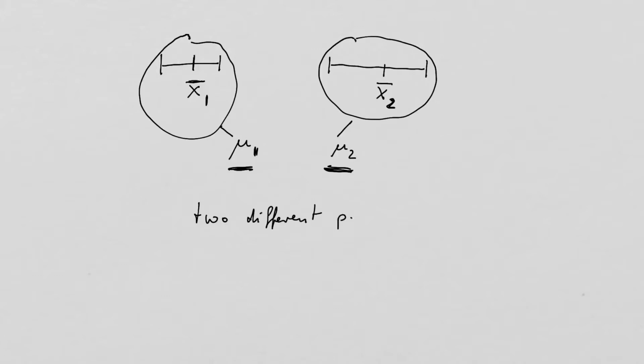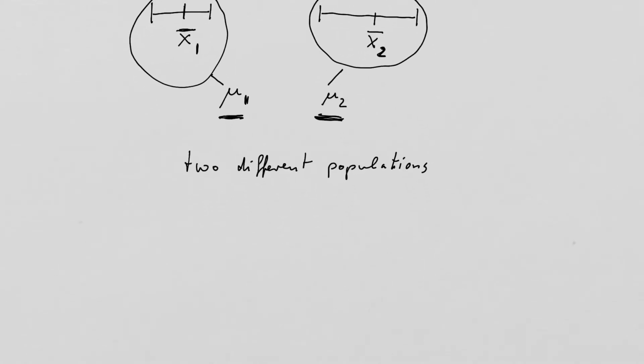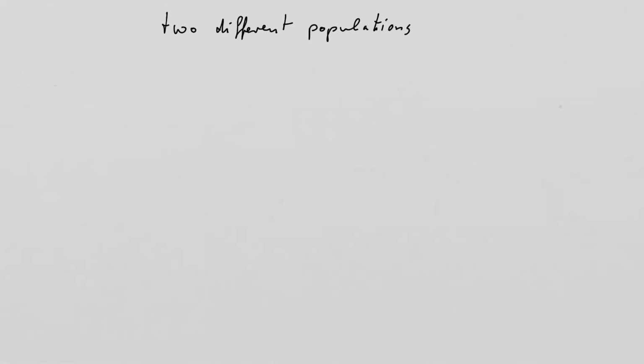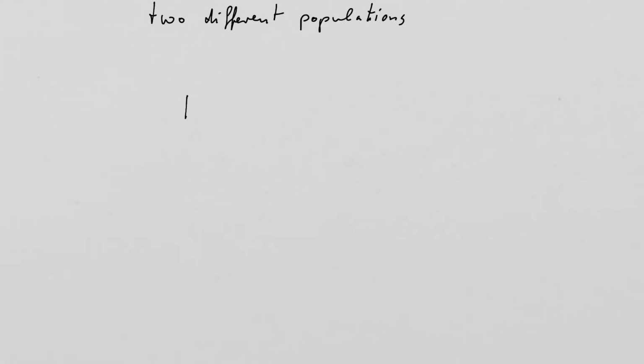Two different populations. So if there is no overlap in the confidence intervals, we can be pretty sure that there are two different populations. Now, what if we have this scenario?